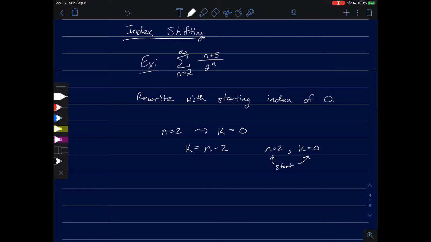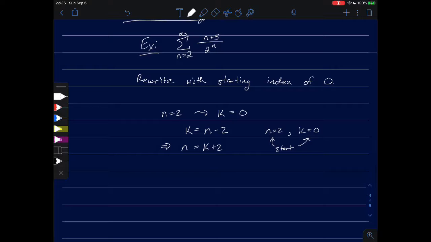And now all we have to do is figure out what n is going to be, and then rewrite everything in terms of k. So if k is equal to n minus 2, that tells us that n is equal to k plus 2.